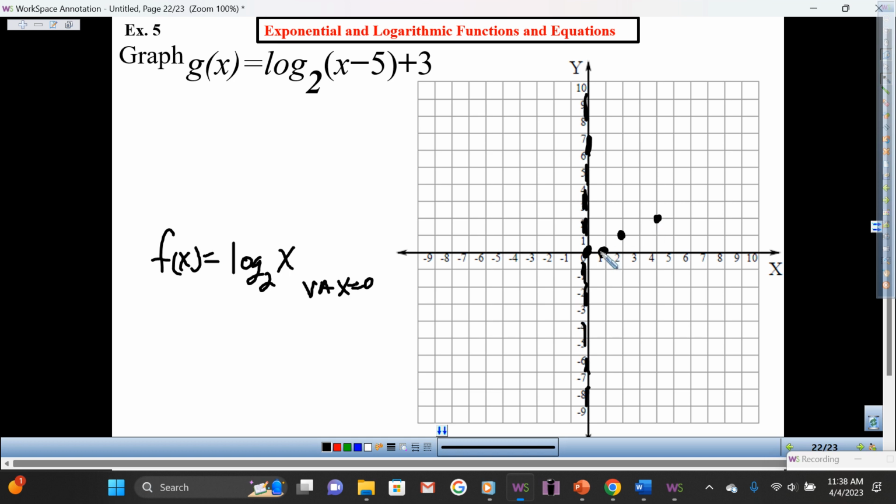Let's go. That is correct. All right, now that we have our parent function, let's look at our new transformation. Tell your neighbor where we're going to move these 3 points to according to that. Where are we going to move them to?